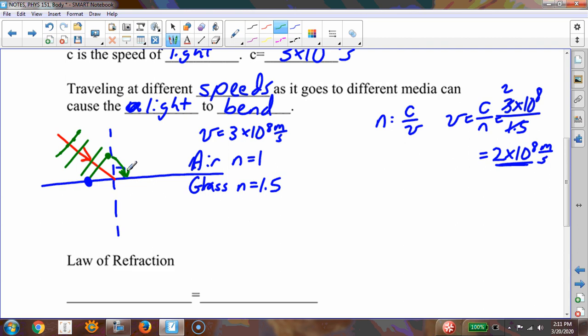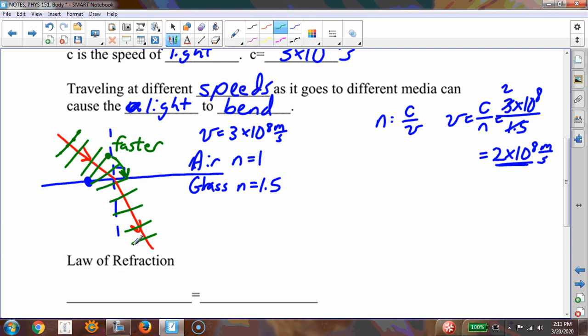And so that's what we're doing here. I have the light traveling faster on this side, and because it's traveling faster, this whole thing is going to rotate around until when it gets into this medium, it will have bent. So that is the bending of light that occurs in refraction.